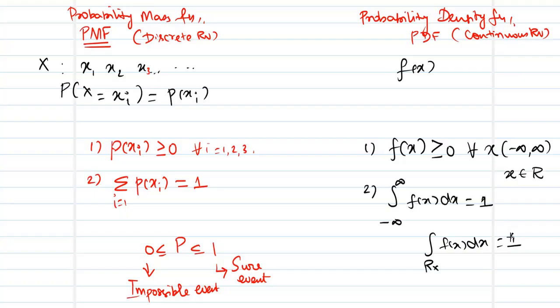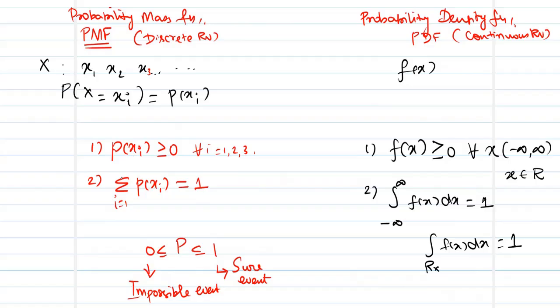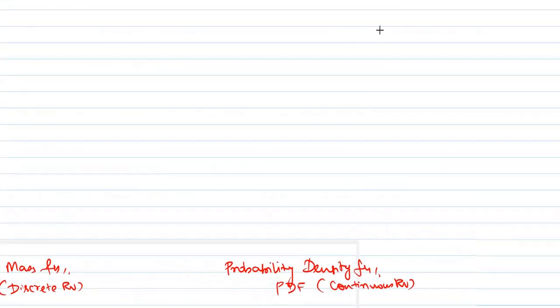Now the main observation: when it comes to a discrete random variable, what is the operation which we are using over here? The operation which we use is going to be your summation.